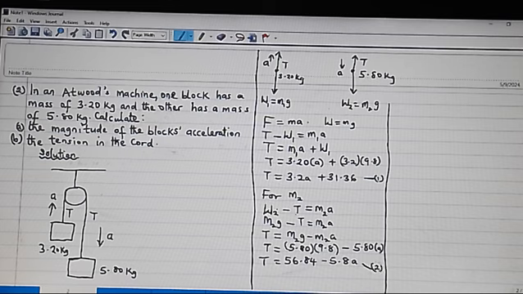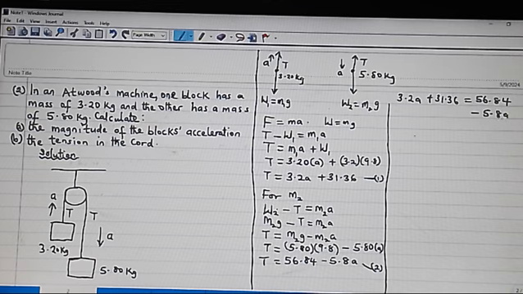So since equations 1 and 2 are expressions for tension, we can equate them. Well, we didn't segregate them as T1 or T2, but I've made the explanation. Since they are both expressions for tension, we equate them. So we say 3.2A plus 31.36 is equal to 56.84 minus 5.8A.